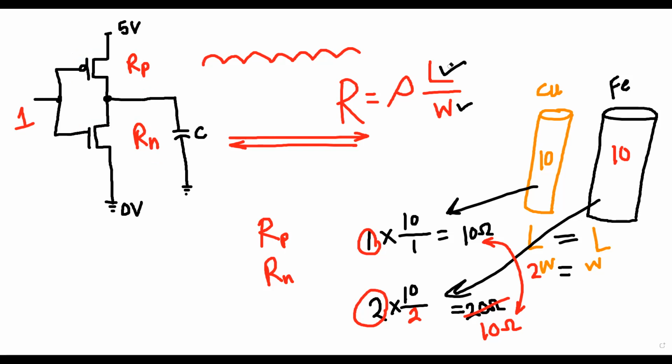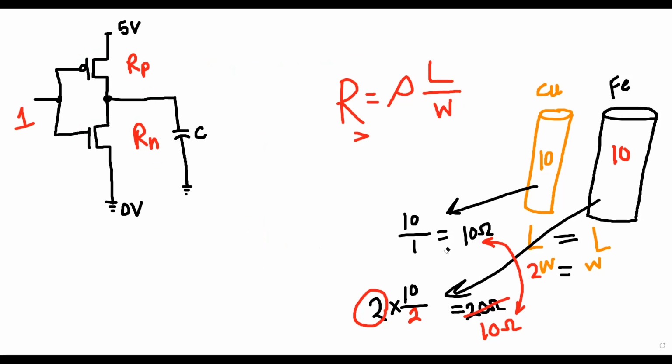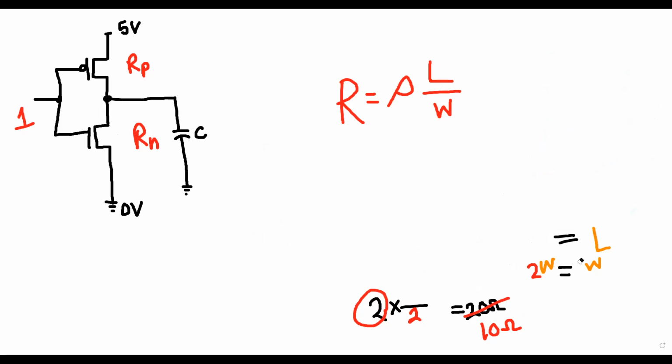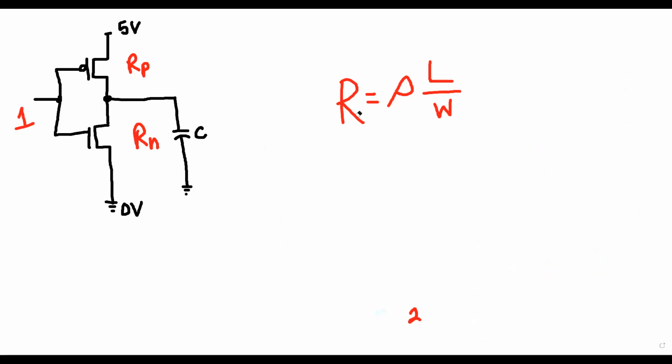Either you can change L or you can change W. You cannot change rho because the PMOS material is fixed and the NMOS material is fixed. What you can change is W and L. If you want to make the two resistances equal, you have to control either L or W. Length and width, if you change these two, then you can make them equal. Remember this. Okay, let me delete this first.